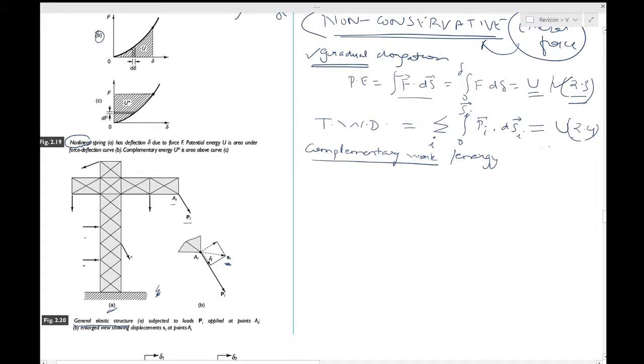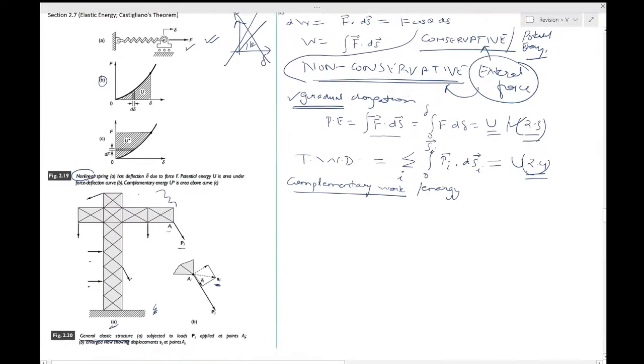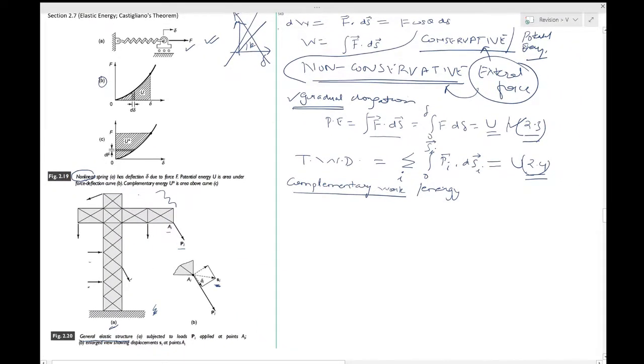So you want to get a result parallel to result 2.4 for this elastic structure which you have over here. Now let's see what a complementary work is. You already know what work is; you have already seen this over here. Now you want to write a complementary work.